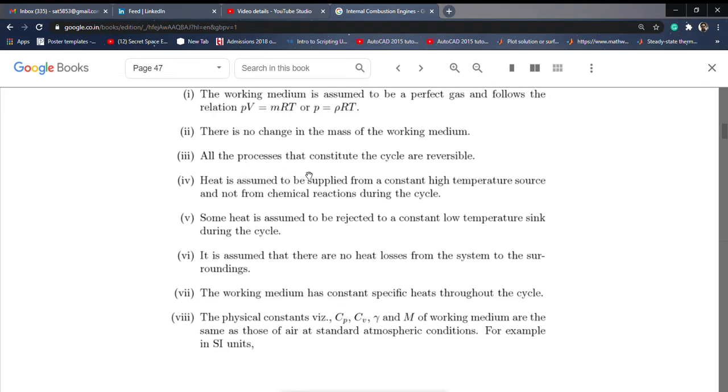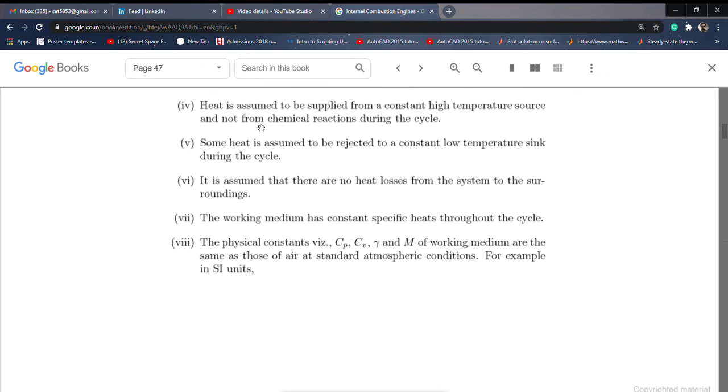All the processes that constitute the cycle are reversible. Heat is assumed to be supplied from a constant high temperature source and not from a chemical reaction during the cycle. It means we assume that there is no chemical reaction taking place.